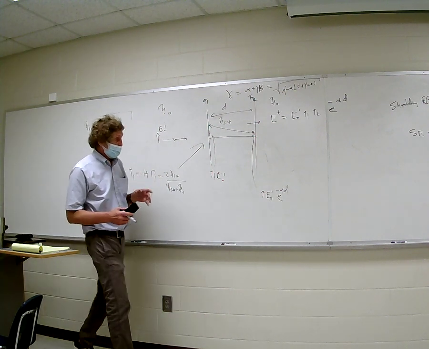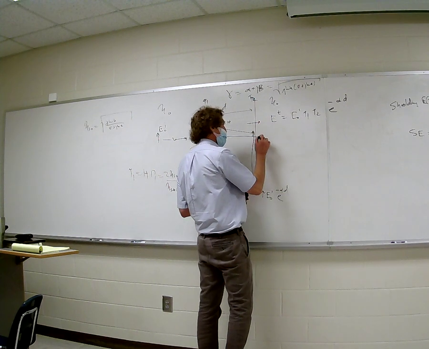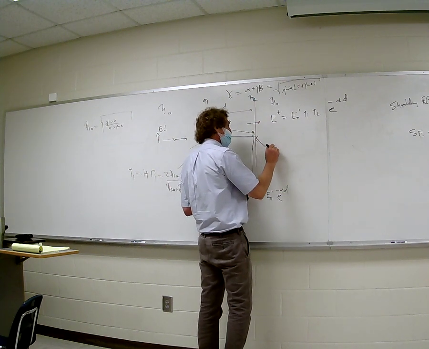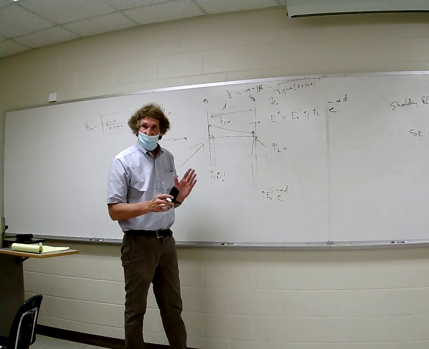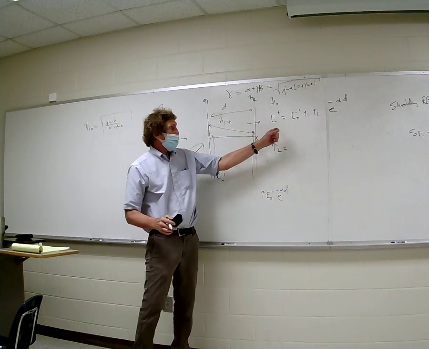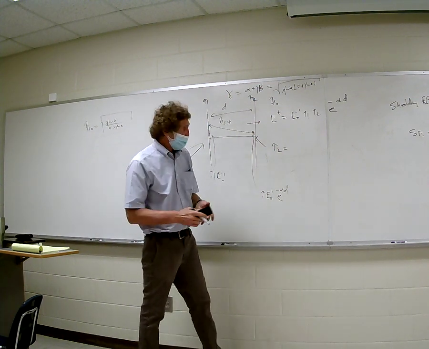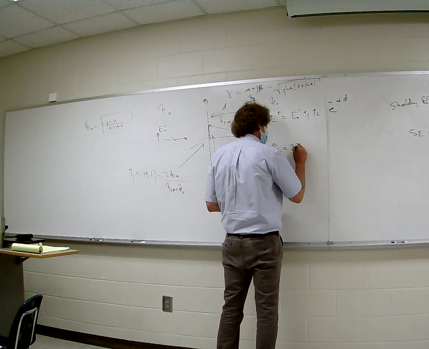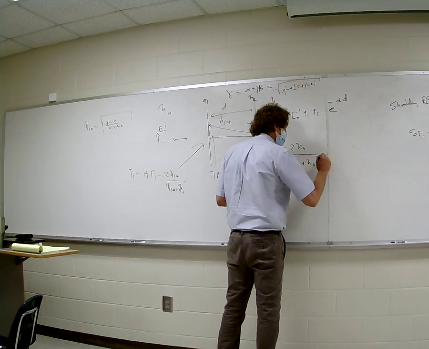Now, what about over here? What is the value of the transmission coefficient there? Remember? It's 2 times the impedance you're going into. What impedance is this, when we're out of the shield? Eta naught. Just eta naught. So it's going to be 2 eta naught over eta naught plus eta shield, right?